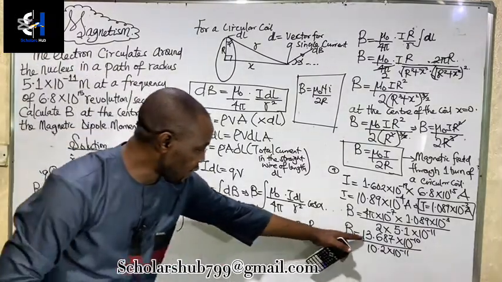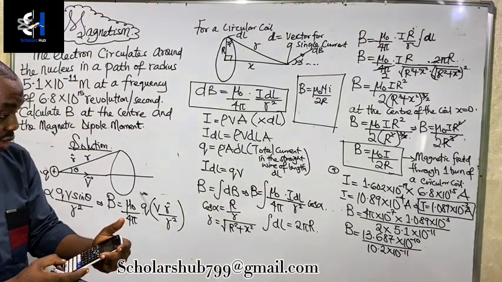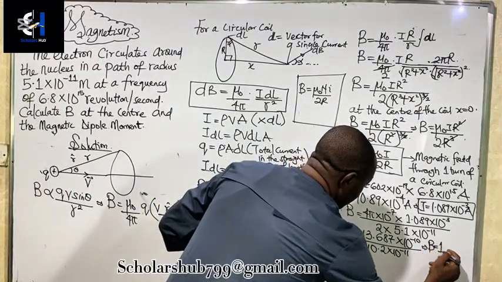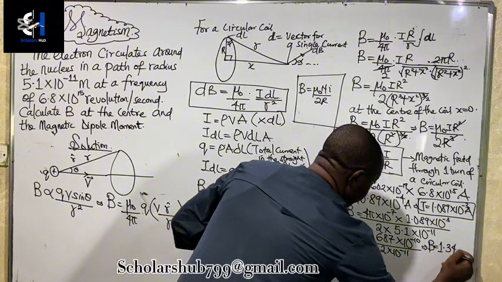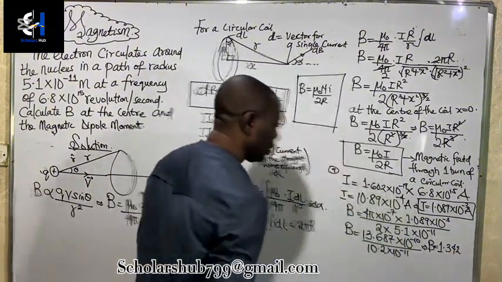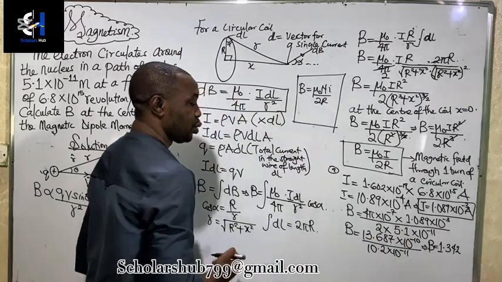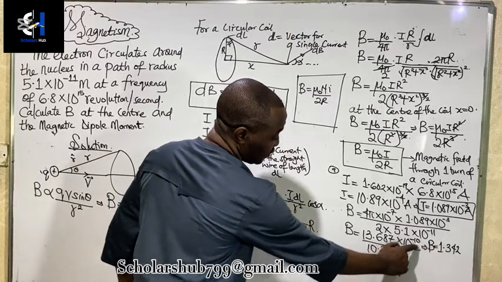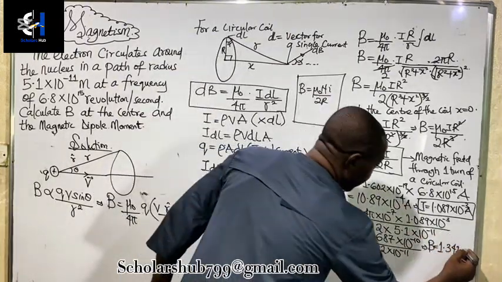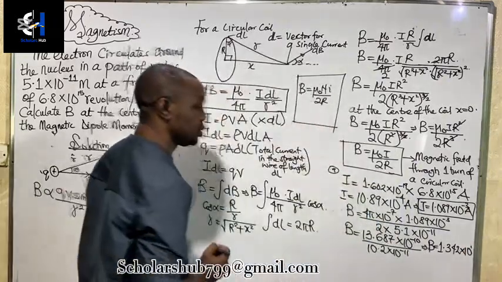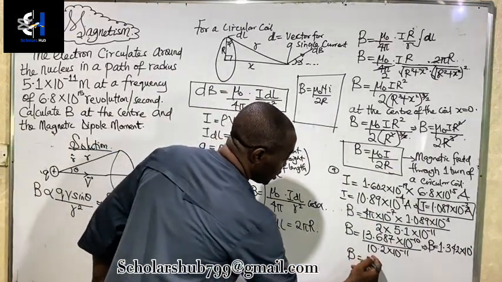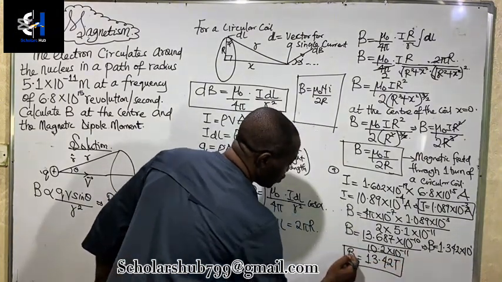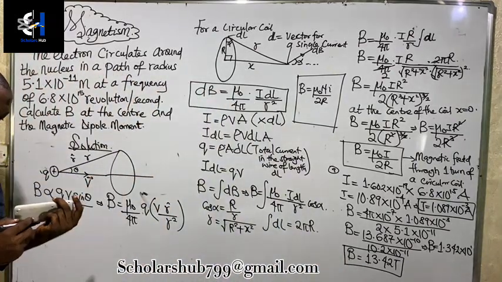So let's divide this value by 10.2, and the value would be 1.342. Now we add the powers: -10 minus -11 gives 1, so we multiply this by 10 raised to the power of 1. So the magnitude of B would be 13.42 Tesla. This is the magnitude of B, and that's the first question.